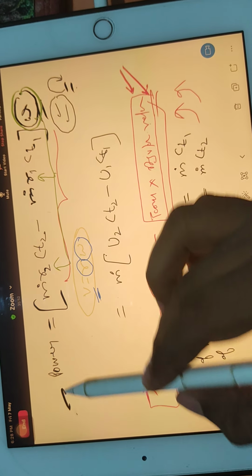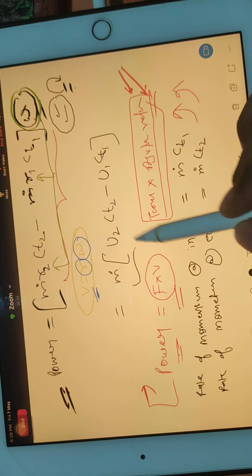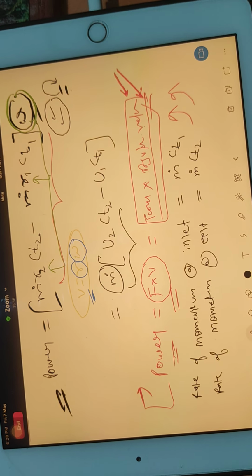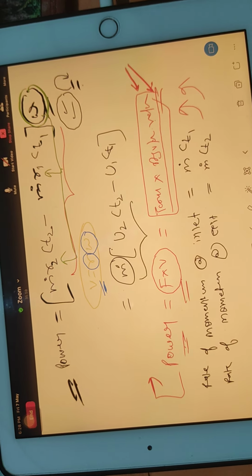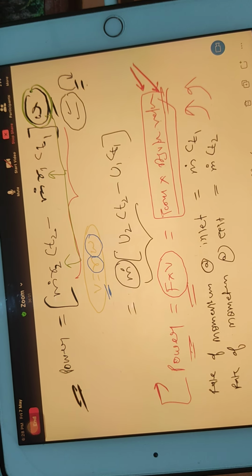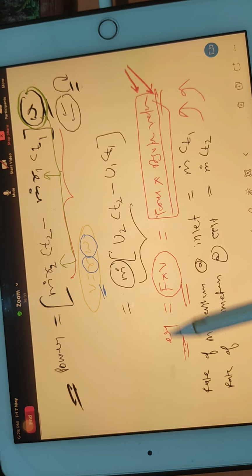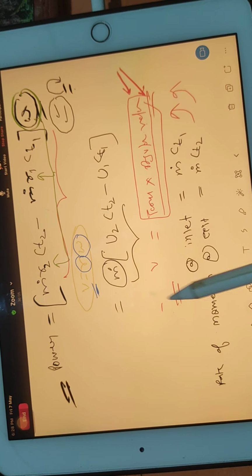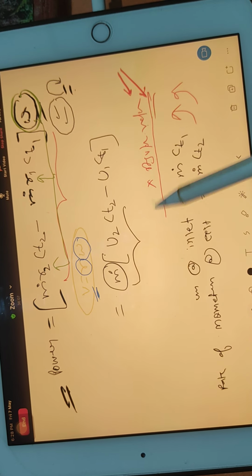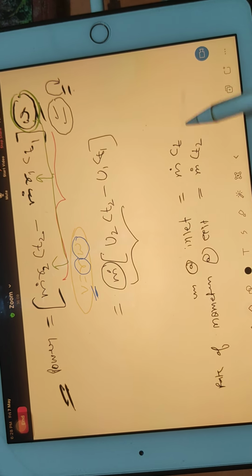Now you can see this power is coming, mass flow rate is coming here. It means it is the total power. That mass flow rate you can send left side, then you will be having a specific power. Okay, I will erase this part and then I will send this part to the left side.